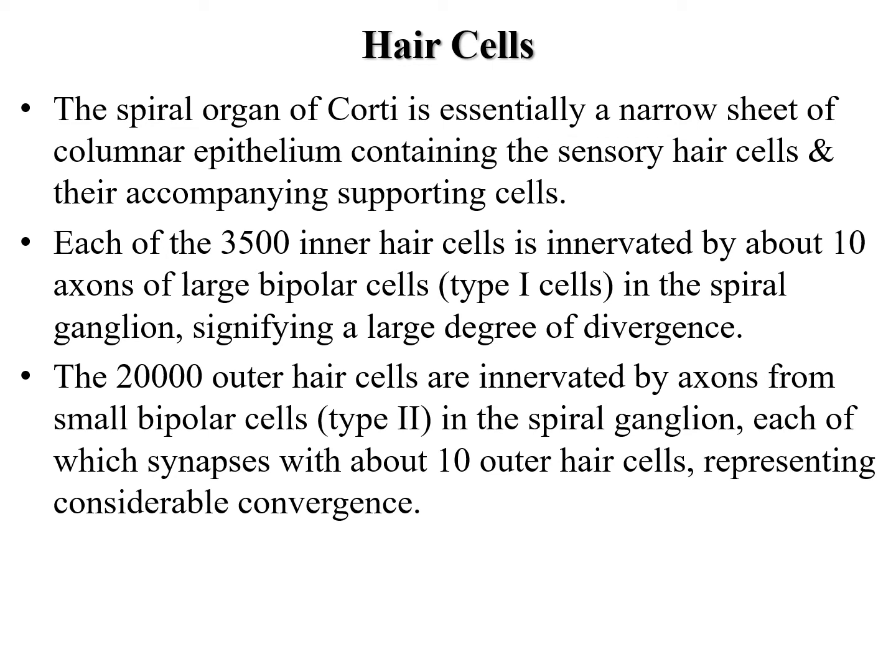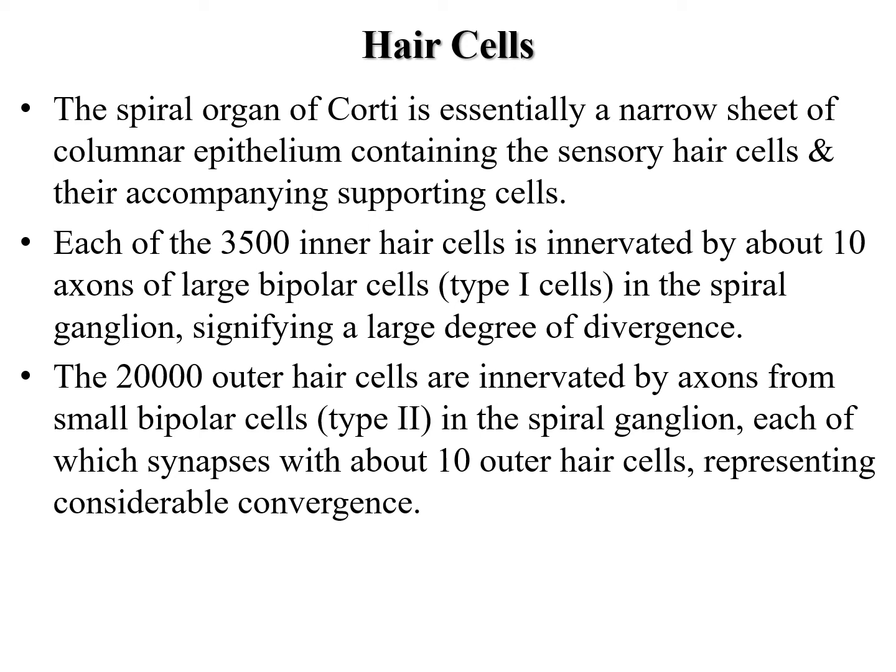The 20,000 outer hair cells are innervated by axons from small bipolar or type 2 cells in the spiral ganglia. Each of these synapses with about 10 outer hair cells. Thus, one type 2 small bipolar cell gets input from 10 outer hair cells, or 10 outer hair cells ultimately signal to one type 2 bipolar cell.